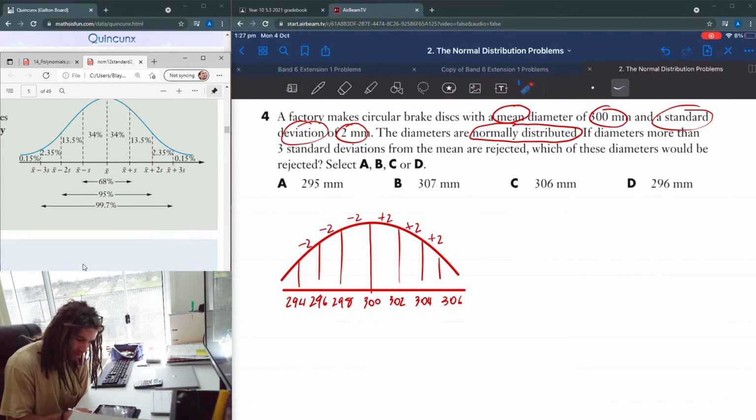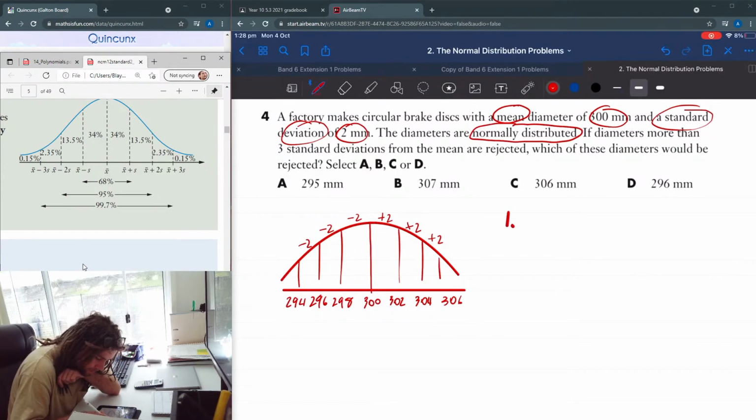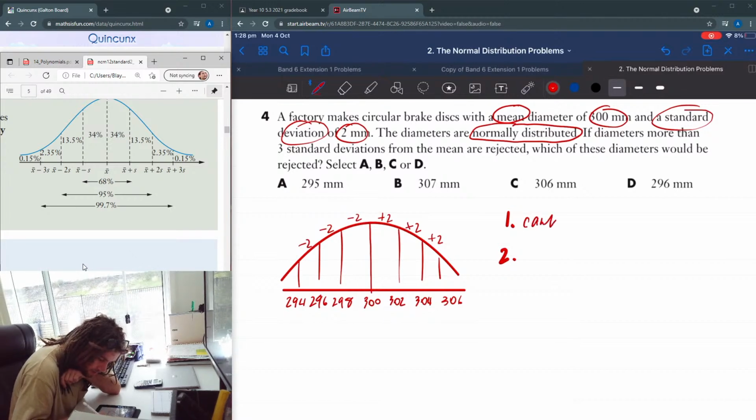Anyway, what is the question even asking? If the diameters are more than 3 standard deviations away, they're rejected. Which of the diameters would be rejected? Okay, so in other words, it can't be lower than 294. So these are my two conditions. Can't be less than 294, and also can't be greater than 306.